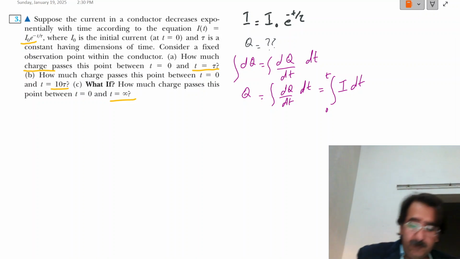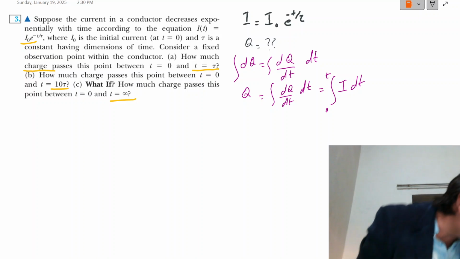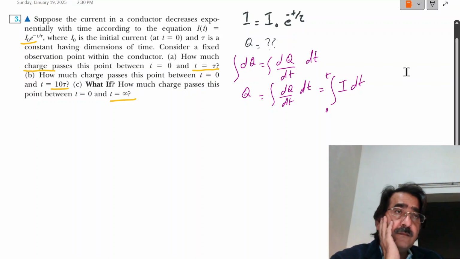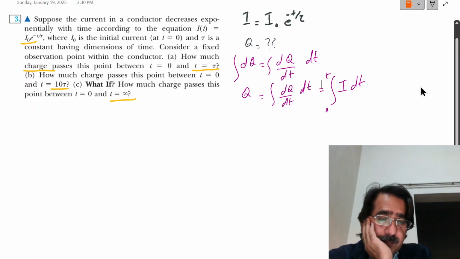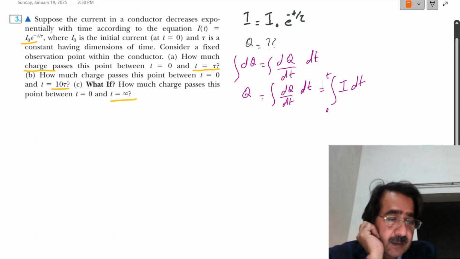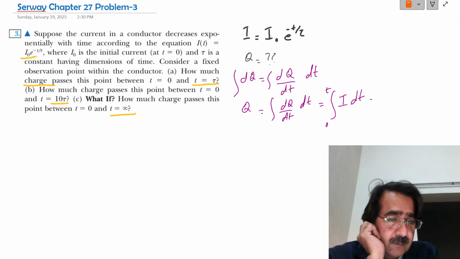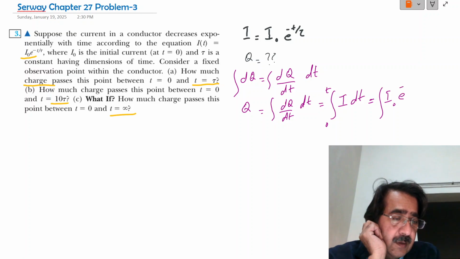Here I is as given above: I equals I naught exponential of minus t over tau, dt.